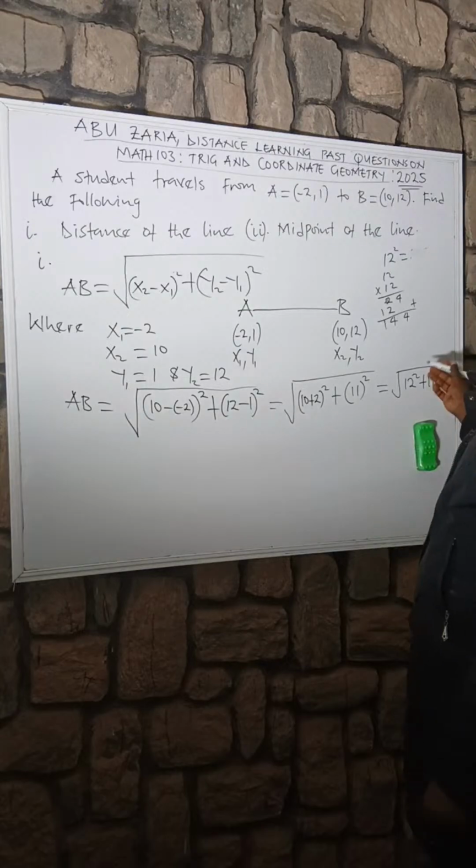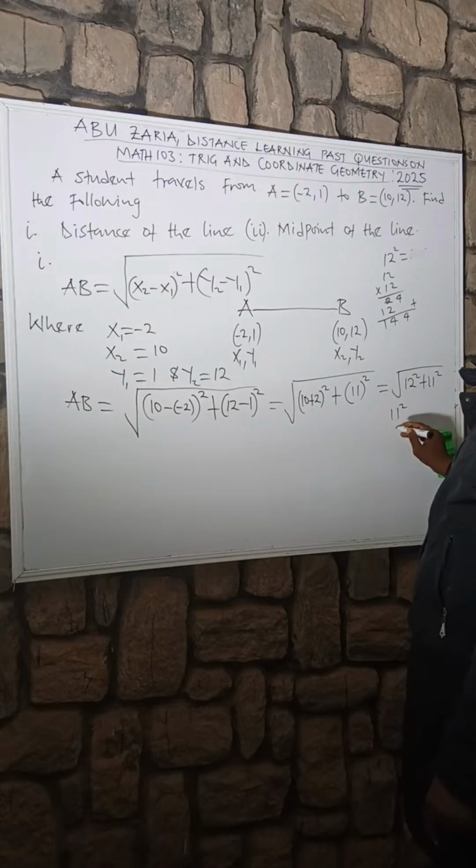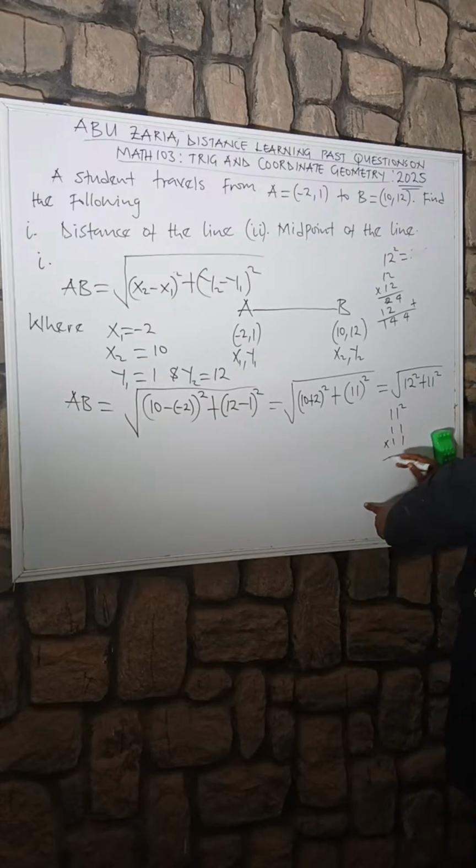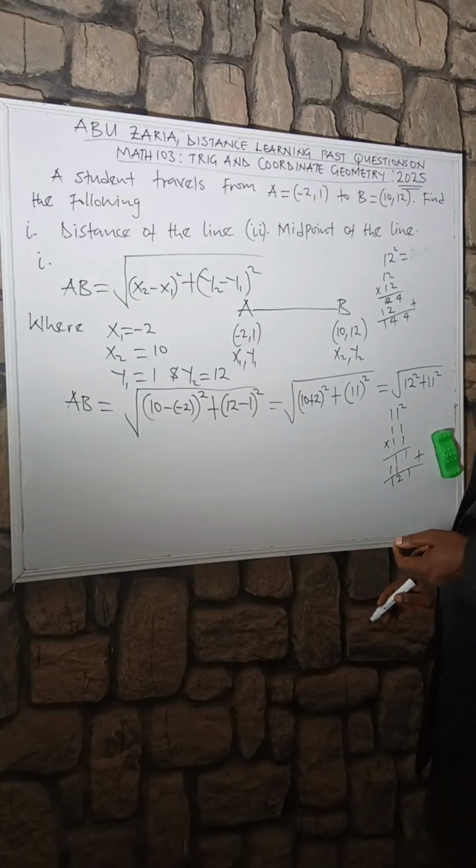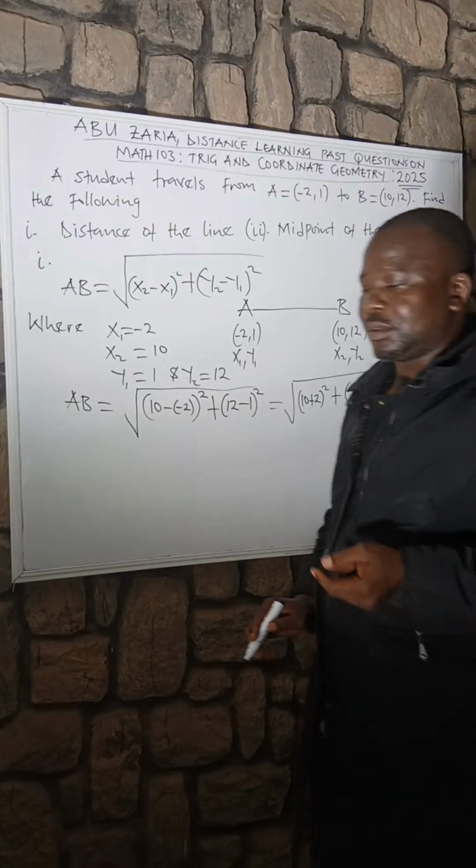The same thing applies to 11 squared, which means 11 times 11, and it gives 121. I have to break it down for you to understand.